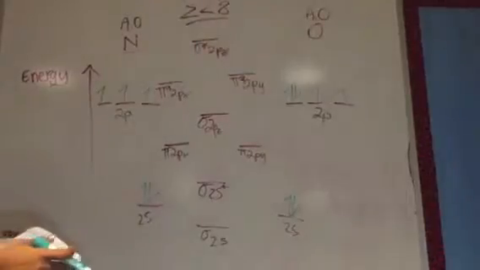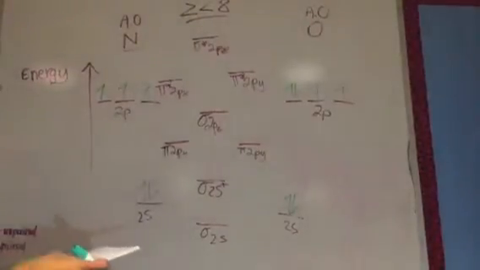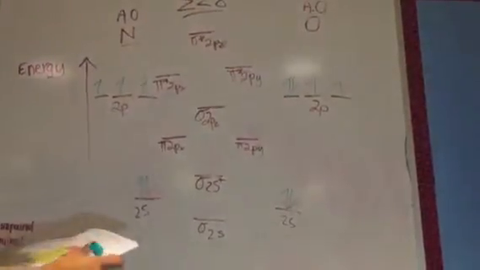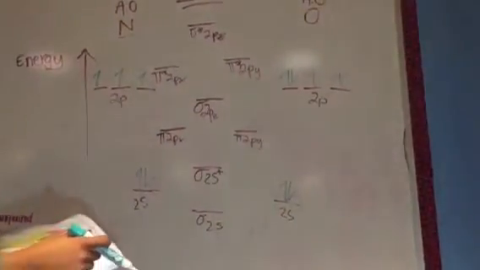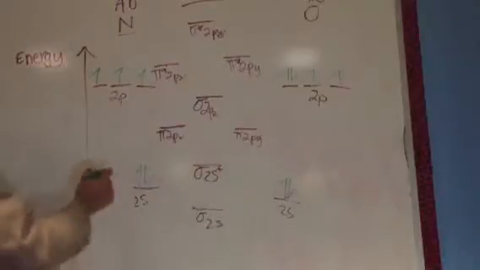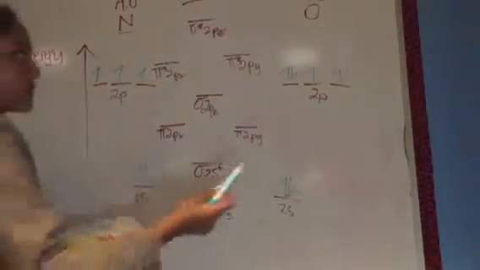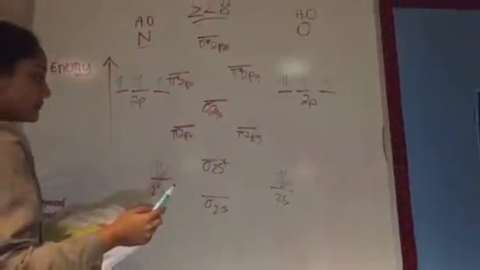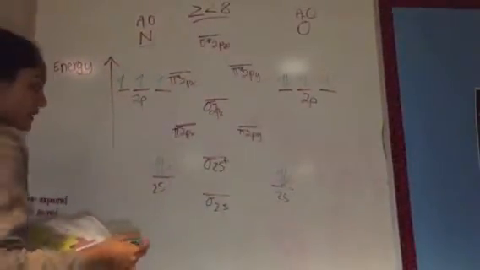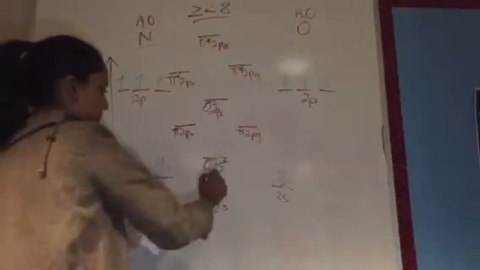But this is our diagram for this particular problem. So now we're going to start filling out our molecular orbitals, and to do this we have to just take the sum of the valence electrons for nitrogen and the sum of the valence electrons for oxygen, and that total is 11 valence electrons.